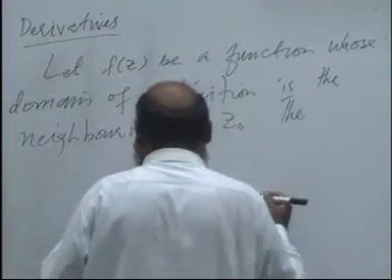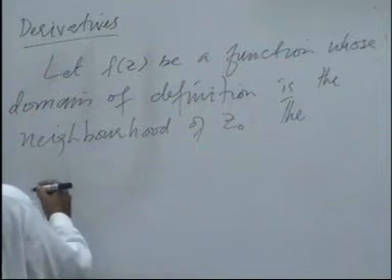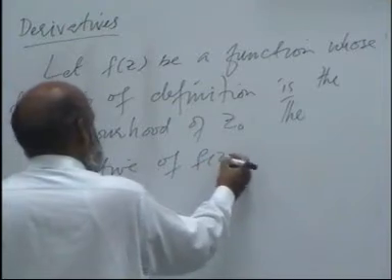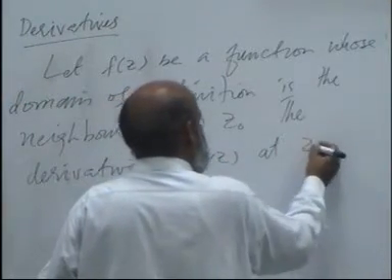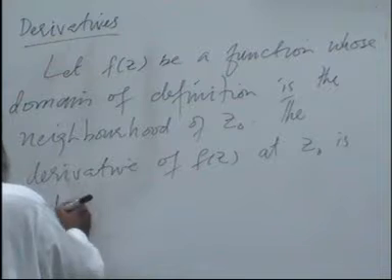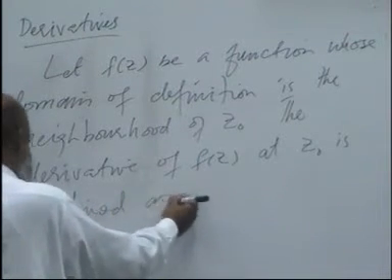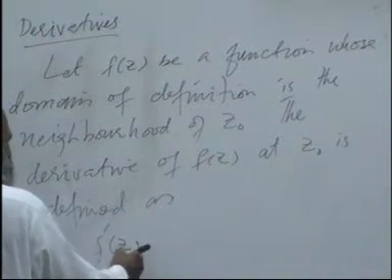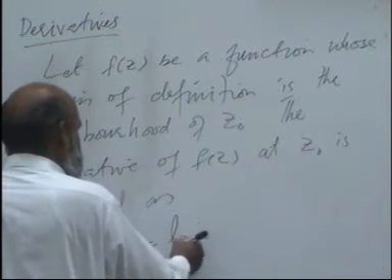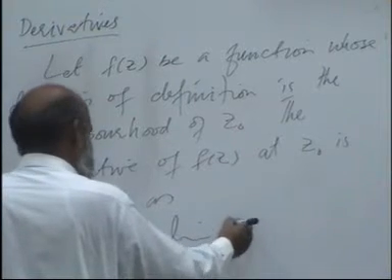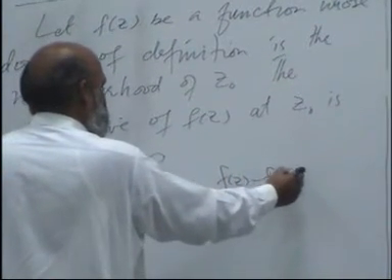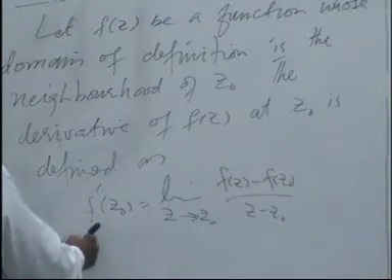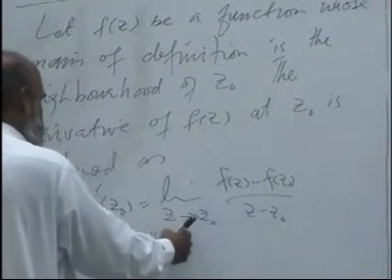The derivative of f of z at z naught is defined as f prime z naught equals the limit as z tends to z naught of f of z minus f of z naught divided by z minus z naught, provided the limit exists.